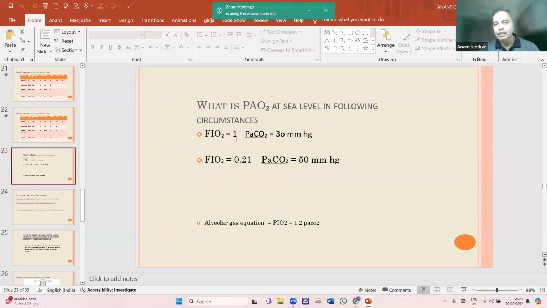So here alveolar PaO2 is 677, which is very high. Another example is FiO2 of 0.21. So 713 multiplied by 0.21 minus 1.2 into PaCO2, that is 60. So in this second example, alveolar PaO2 is going to be 89.